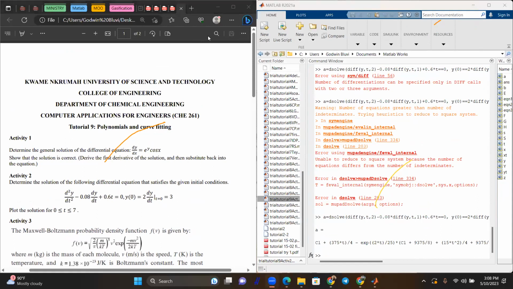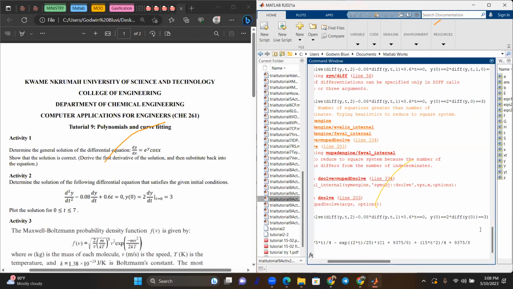I wanted to know if that is the answer for the last part. Yes, the y of 0 is equal to 2 differential. Those are the boundary conditions.